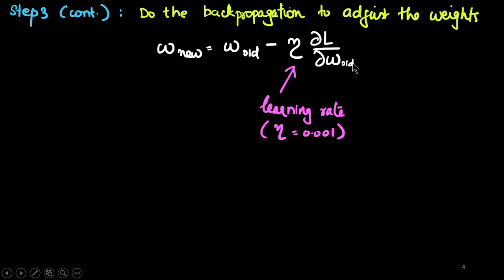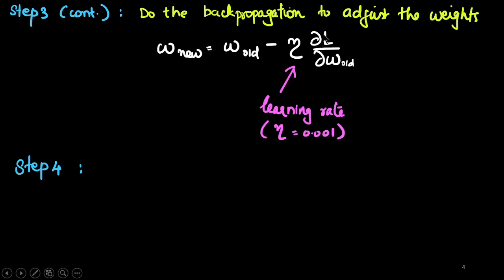Based on this derivative we identify whether W has to be increased or decreased. If the derivative is negative, we will increase the weight value, so this equation becomes W old plus eta into, like that.